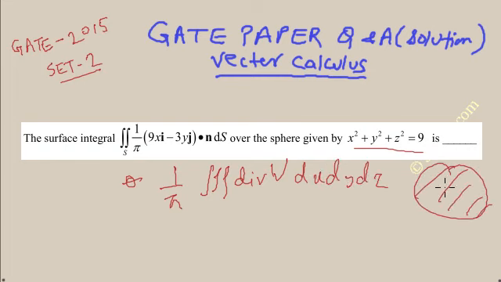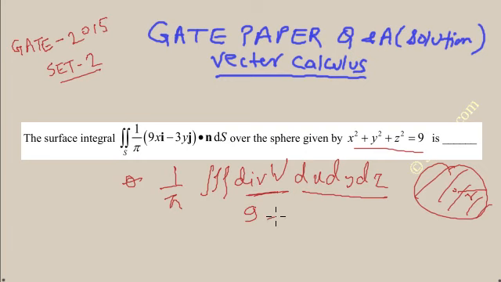So here the volume is a sphere and the radius is r. First of all, differentiate with respect to x and then differentiate the second with respect to y.